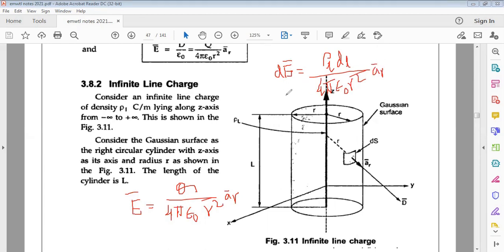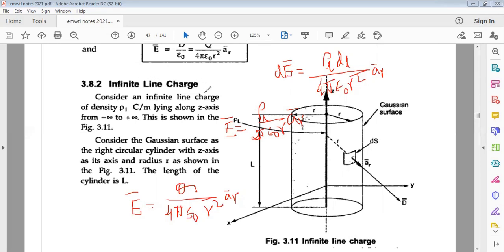The electric field intensity due to the infinite line charge we derived directly. That is E bar is equal to rho L by 2 pi epsilon naught R into AR bar. This is the formula we derived for the electric field intensity due to the infinite line charge.